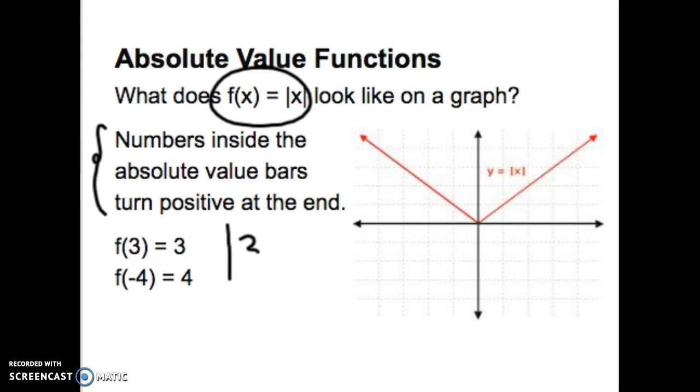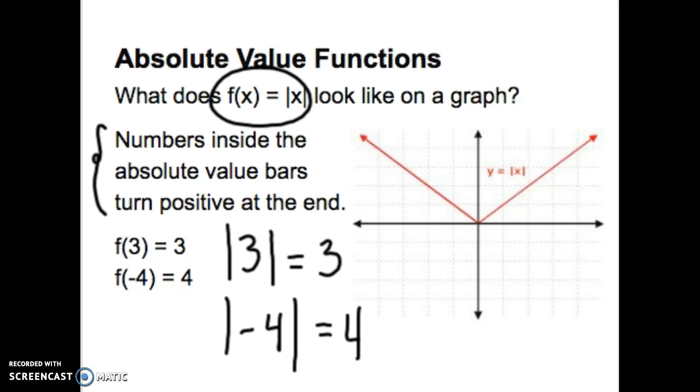So the absolute value of 3 is just positive 3, while the absolute value of negative 4 is positive 4. Again, we're taking a look at how far away a number is from 0. Think of it in terms of distance. You can't go a negative distance. So in this case, it's still going to be 4 instead of negative 4.